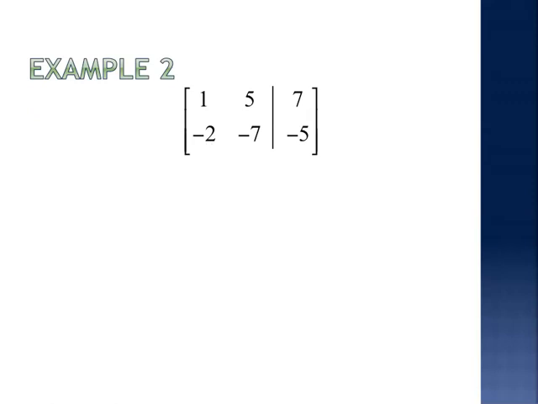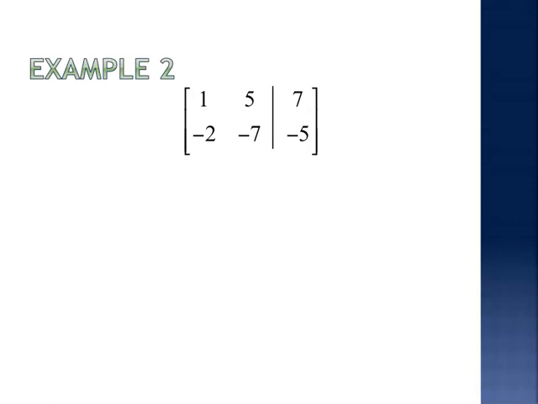What we're starting with, we actually already have a 1 in the first spot. So that's good. The next thing I'm going to do is try to get a 0 right below it. Right now it's a -2. So one way I can go about getting a 0 there is I can multiply the first row by +2, and then add it to row 2.